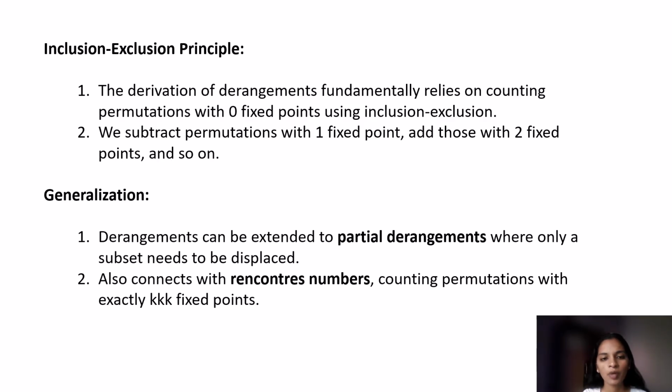We subtract permutations with one fixed point, add those with two fixed points, and so on. Generalization: derangements can be extended to partial derangements where only a subset needs to be displaced. Also connects with Rencontres numbers and counting permutations with exactly k fixed points.